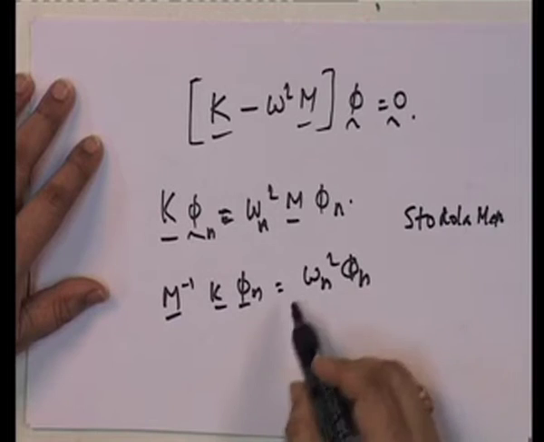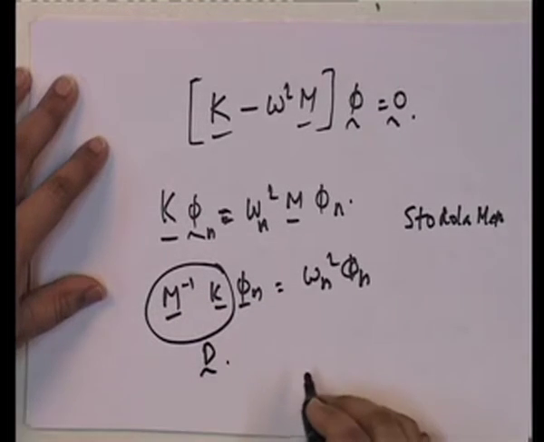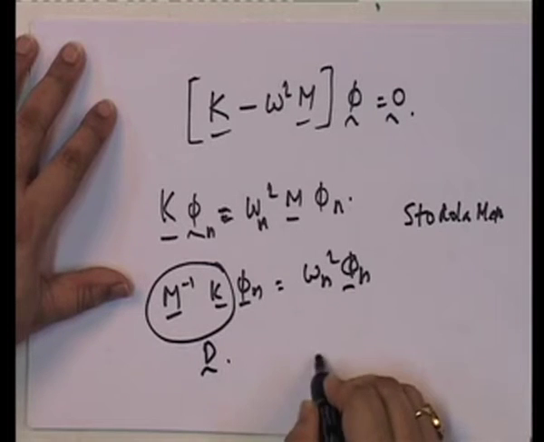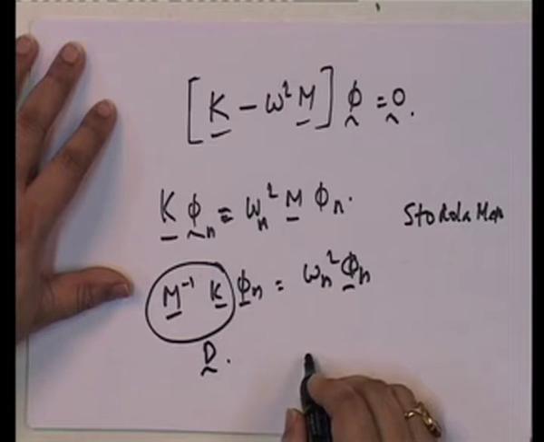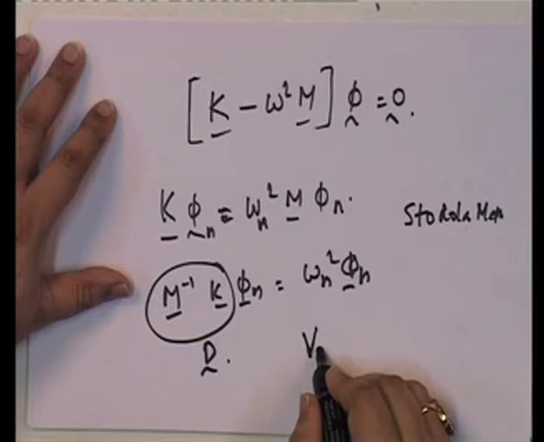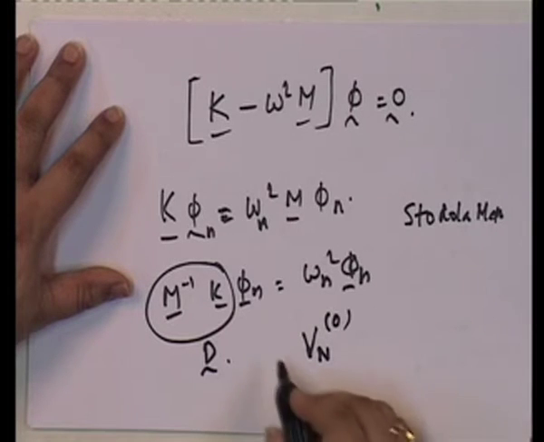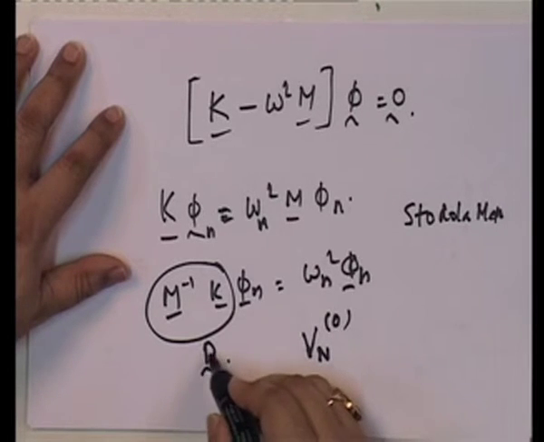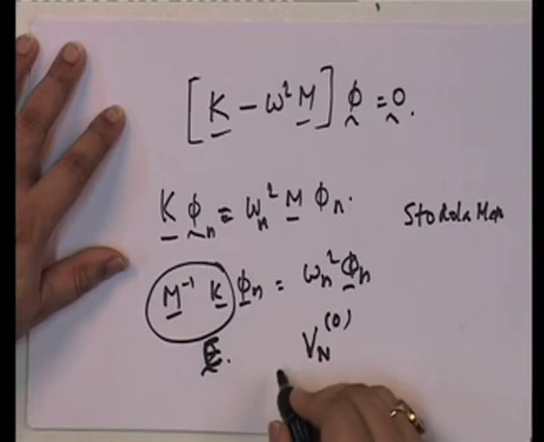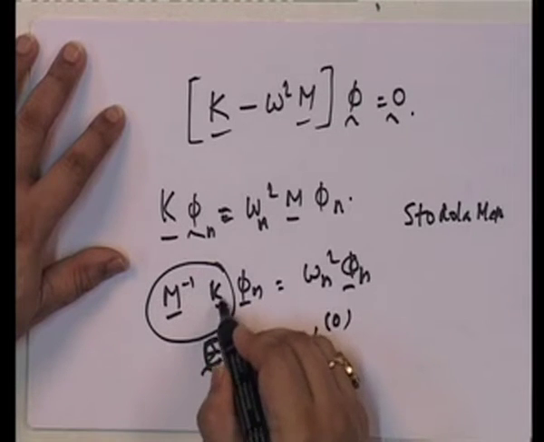The only thing that happens is that this now becomes your d, and the way this goes is you define a Vn 0 and then you multiply it by this. I will call this E because this is different from that. So, multiply it by E, which is m inverse k, okay?